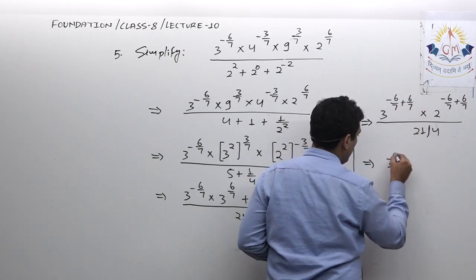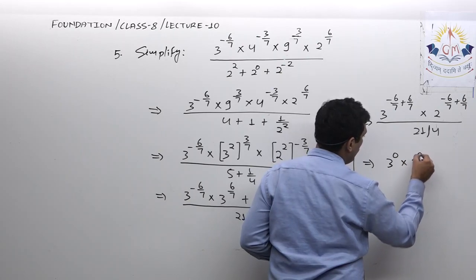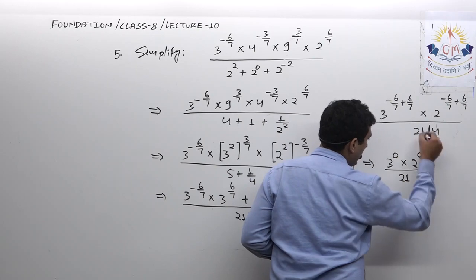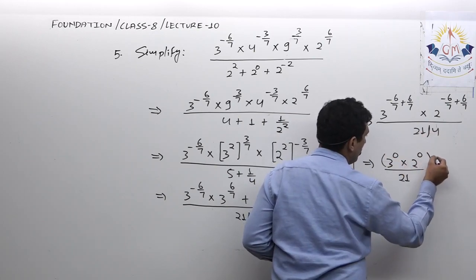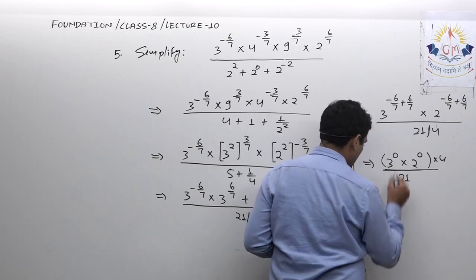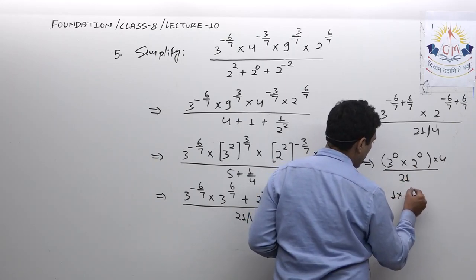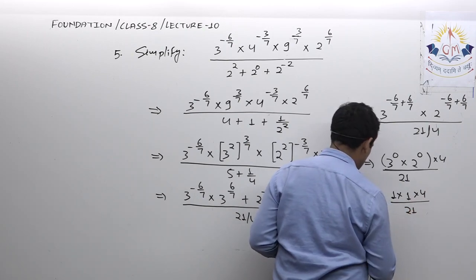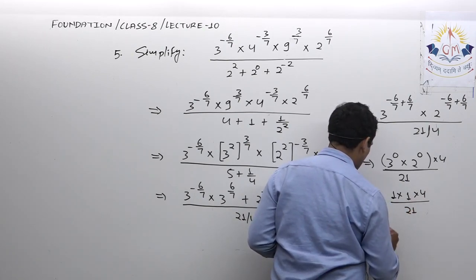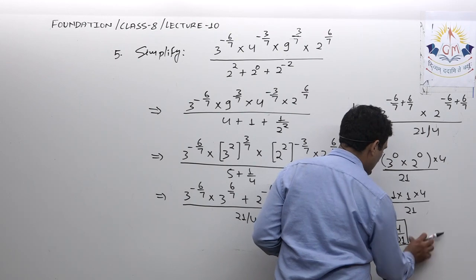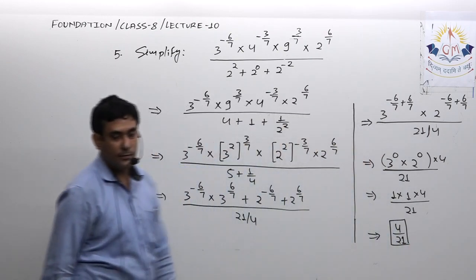So 3 raised to 0 into 2 raised to 0. Now this 4 will come in the numerator, so multiplied by 4. Now 3 raised to 0 is 1, 2 raised to 0 is 1, multiplied by 4, divided by 21. So my final answer is 4 upon 21. Please note this down. Then we will see the next question.